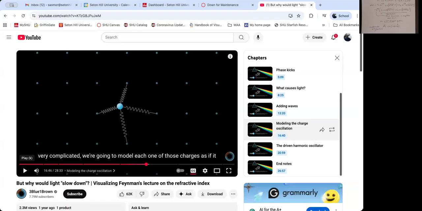And what you're seeing here is light being absorbed and re-emitted repeatedly as it moves through a material. That's going to take a little while, isn't it? It's going to slow down our frequency. That's going to change the frequency of the light. And it's going to cause it to bend.